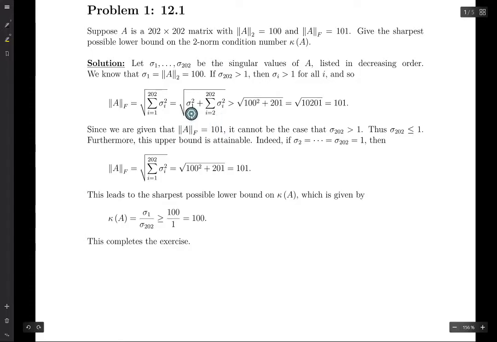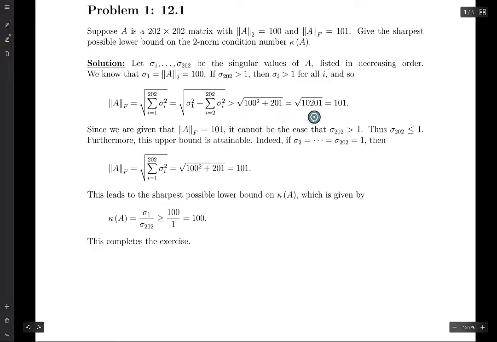This sigma 1 squared is equal to 100 squared, and each sigma I is greater than 1, so this sum is going to be strictly greater than 100 squared plus the sum from I equals 2 to 202 of 1, which is just 201.